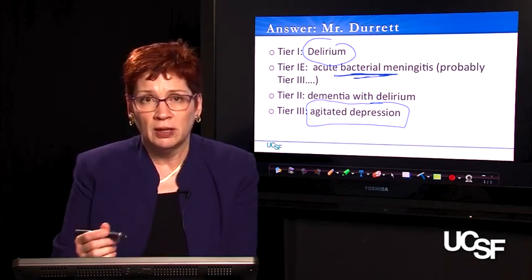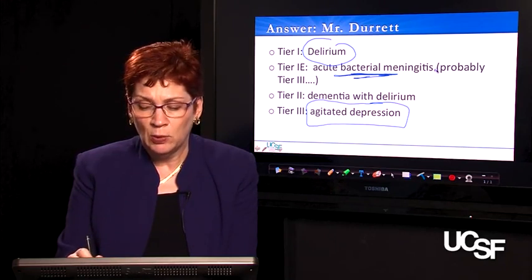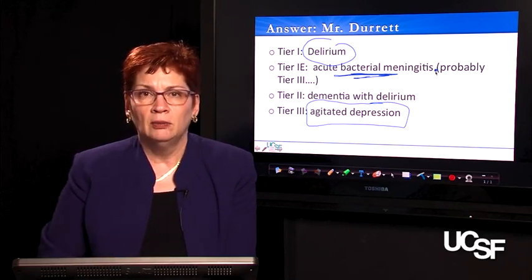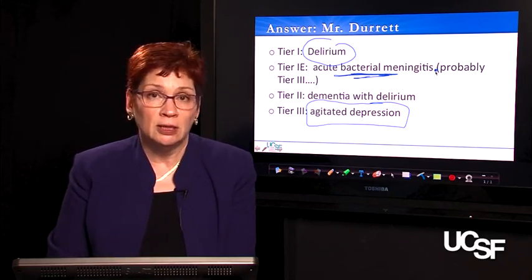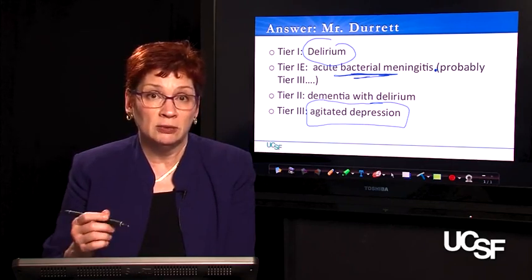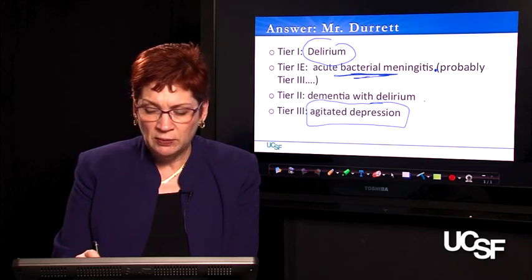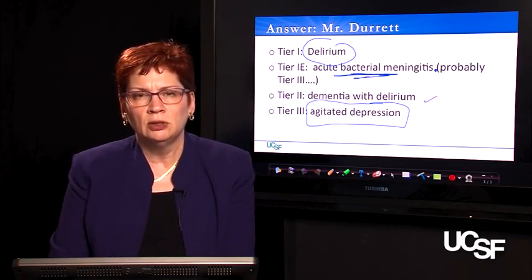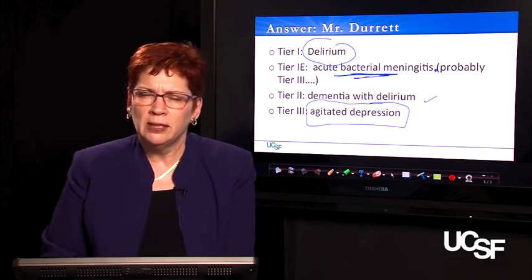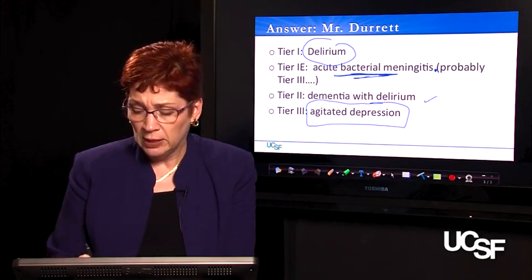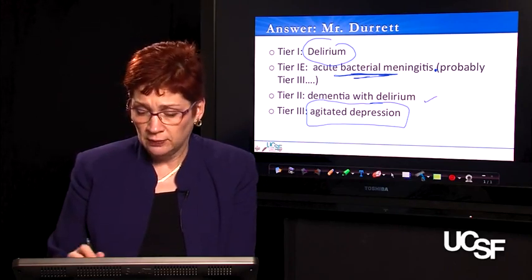But we've talked about the possibility that you might be a little bit more liberal in considering serious bacterial infections that might cause death or disability overnight if you guess wrong. And tier 2 might be dementia with delirium, right? So certainly dementia doesn't happen overnight, but maybe he has a little underlying dementia and the delirium is making it worse.